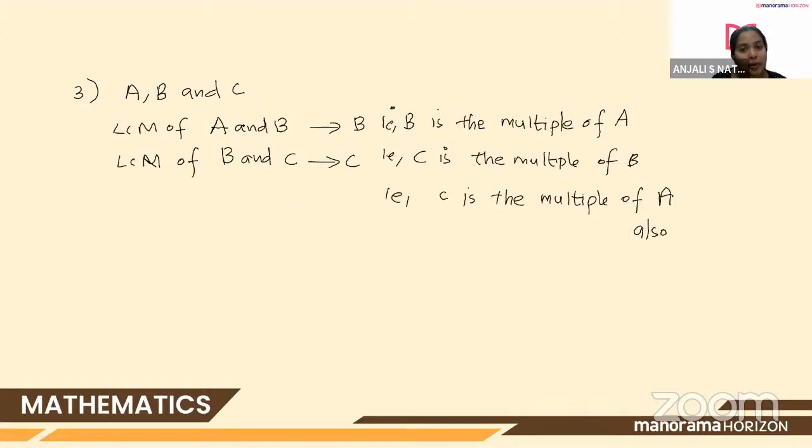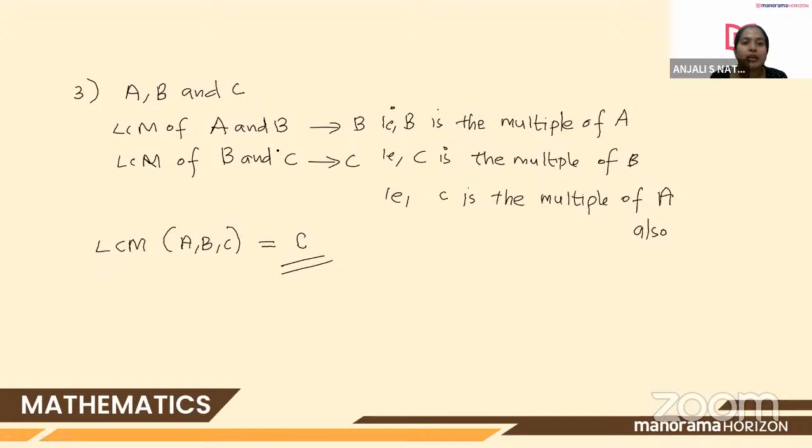So, C is the multiple of both A and B. So, now we can say that the LCM of A, B, and C is what number? Which is C, because C is the multiple of B and C is the multiple of A also.